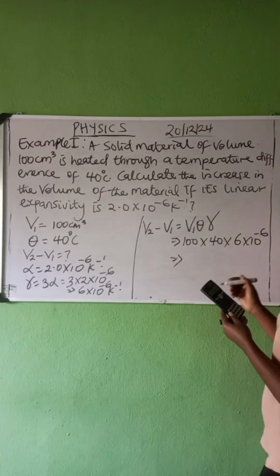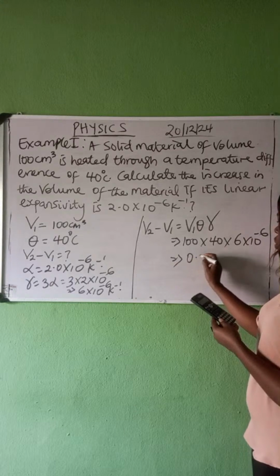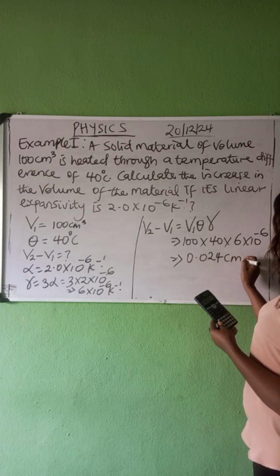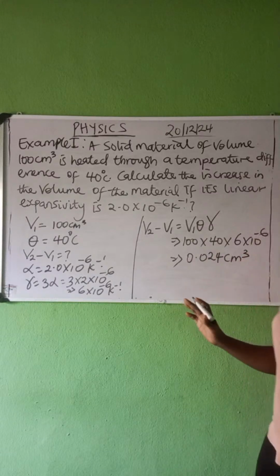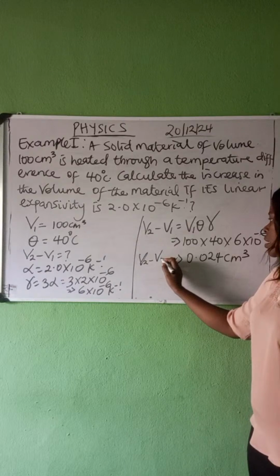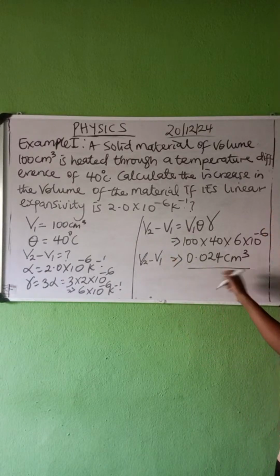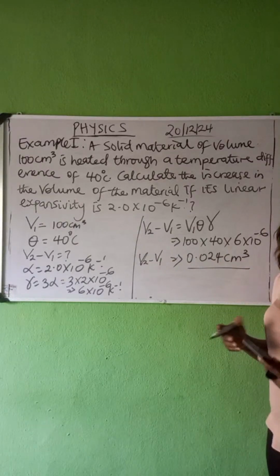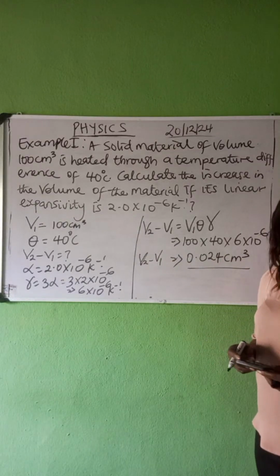Now what do we have? My answer becomes 0.024 centimeter cube. Is that clear? So my increase in the volume is equal to 0.024 centimeter cube. I hope that is clear. All right, put it down.